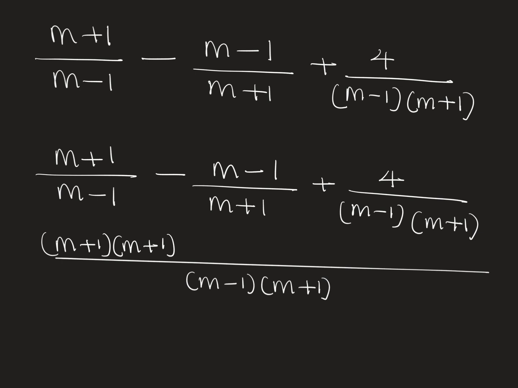Okay? Then this minus here. So if we are considering here, this m plus 1 into this m plus 1, it will cancel out. So what are we left with? m minus 1. So we'll use this m minus 1 and multiply it by the numerator. Okay, but since we are dealing with negative, be careful. So I'm going to say m minus 1 into m minus 1.